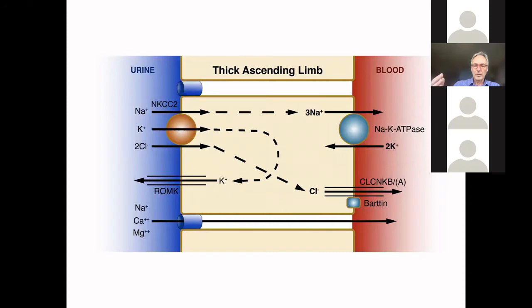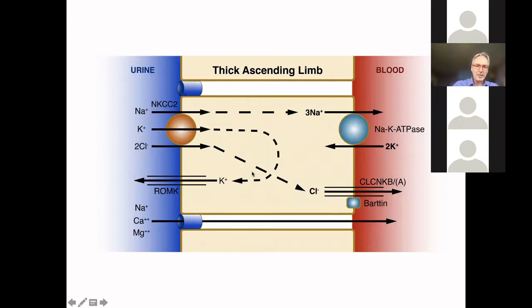Now, one little aspect here, you may of course ask yourself, why would nature make it so unnecessarily complicated to have a transporter that brings in potassium here only to have it leak back out? Isn't that just complicated, and actually, as the Bartter syndrome type 2 shows, adds potential for more things going wrong? And the answer is, this is actually a very nifty solution that evolution has come up with, because this transporter here is electroneutral. It has 2 positive, 2 negative charges.